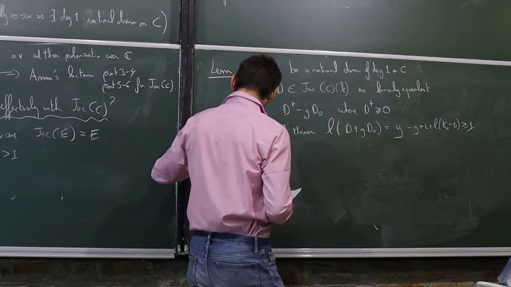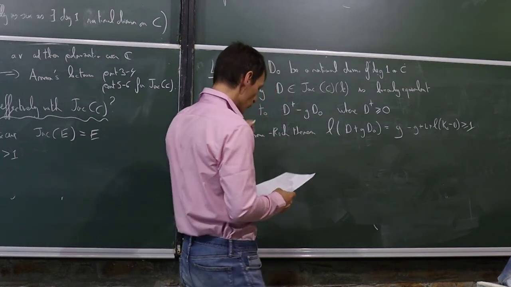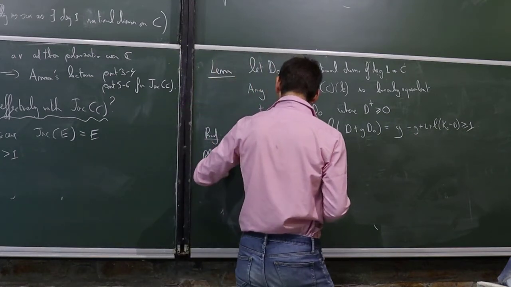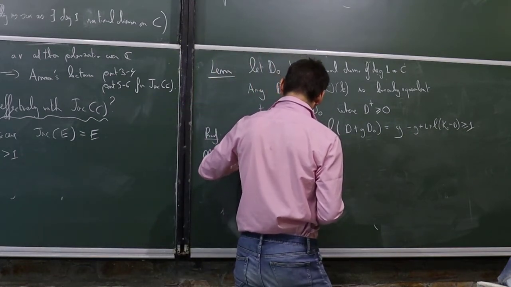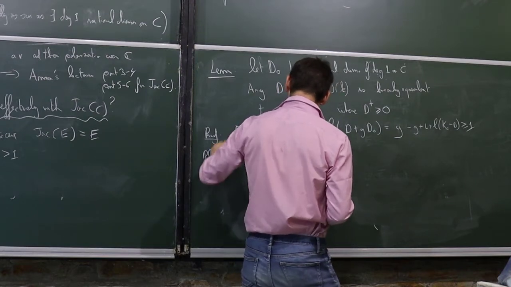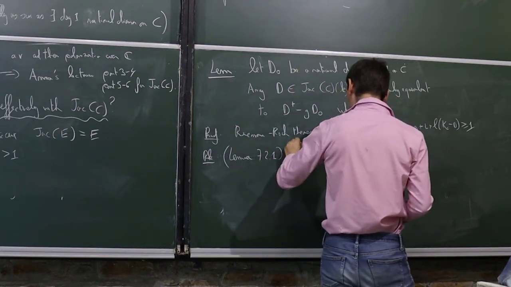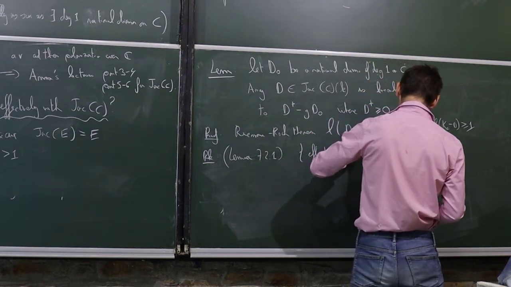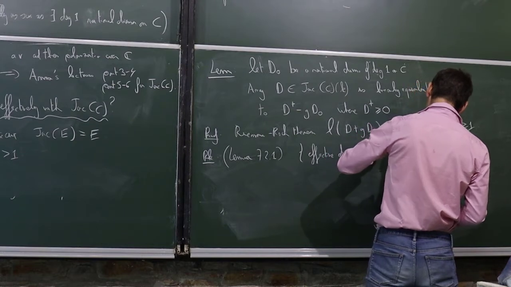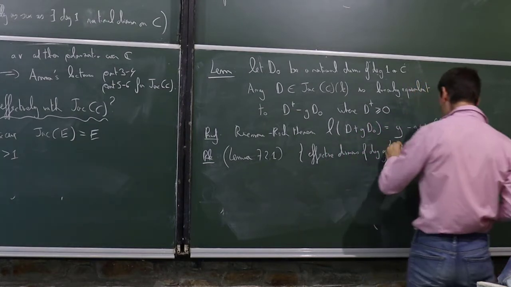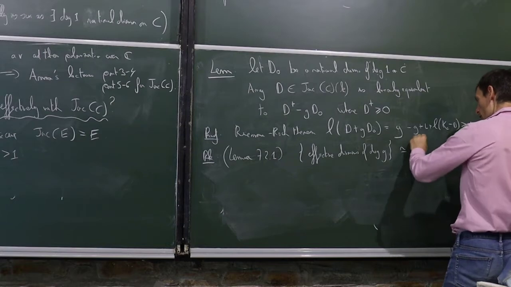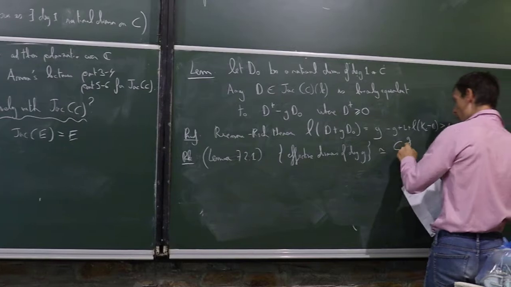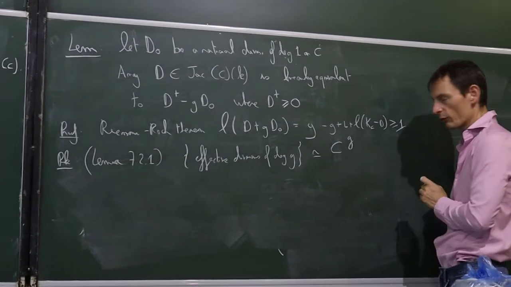As a remark, this thing that we did here, that is just looking pointwise, can be pushed a bit further, and this would be Lemma 7.2.1 in the notes. If you look at effective divisors of degree g, the set of them, you can see them as points on a certain variety, this variety being the product g times of the curve.